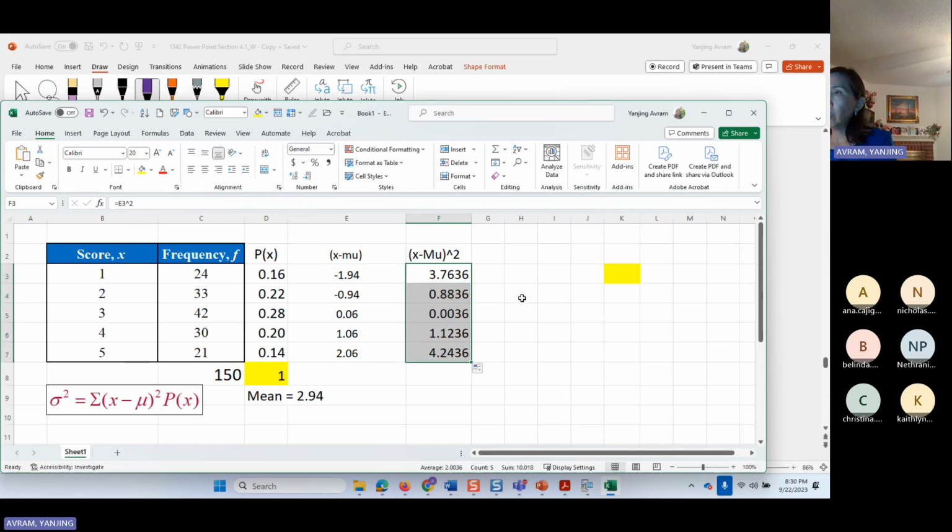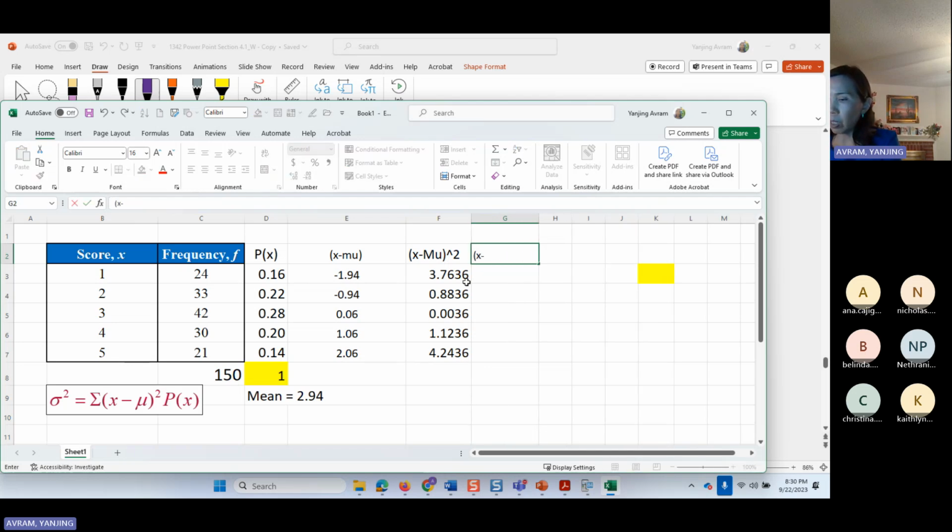Negative squared becomes positive. And one thing about Excel is, as long as you set up the first one, you just drag and everything will be calculated. Then this whole thing needs to be multiplied by p of x.